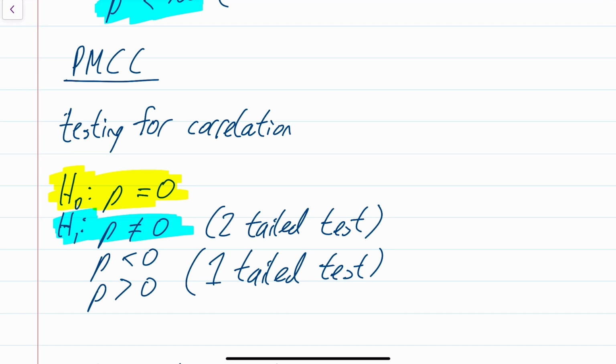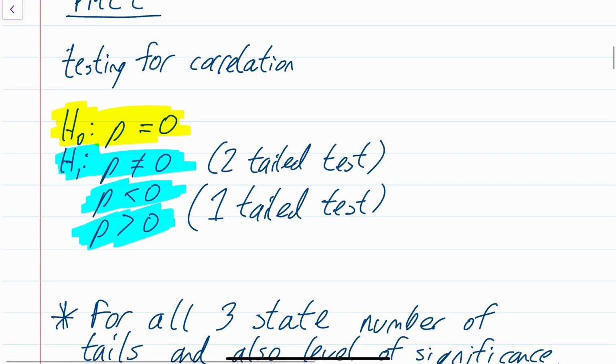So that means rho's not going to be equal to 0, but maybe they're more precise and think there's a negative correlation. So that means as one increases, the other one decreases. And then maybe somebody thinks there's a positive correlation. So maybe the more you study, the better your exams get. And in that case, it's going to be a one-tailed test. So the first one would be a two-tailed, the last one would be a one-tailed.